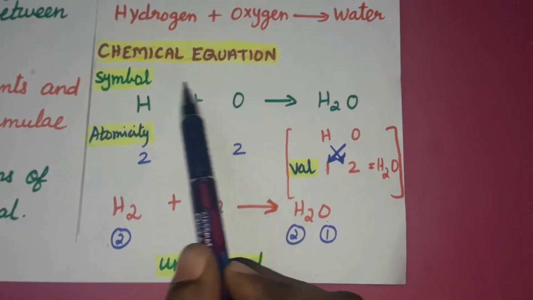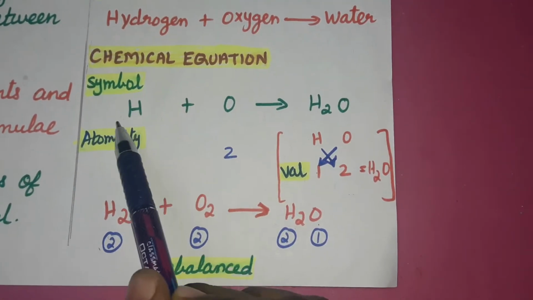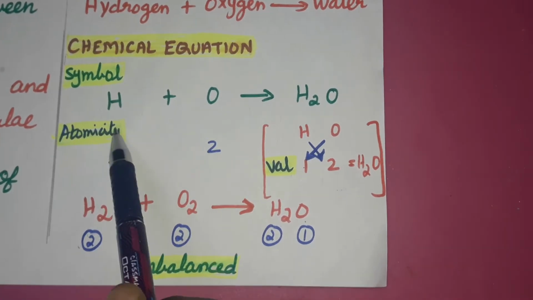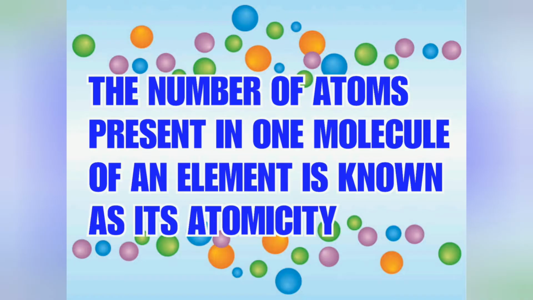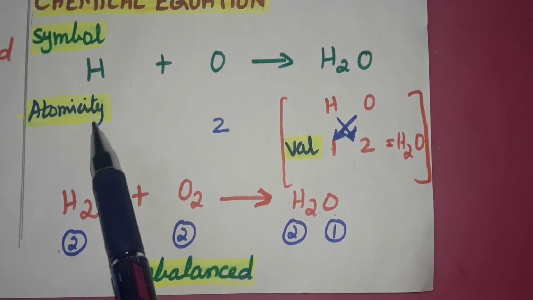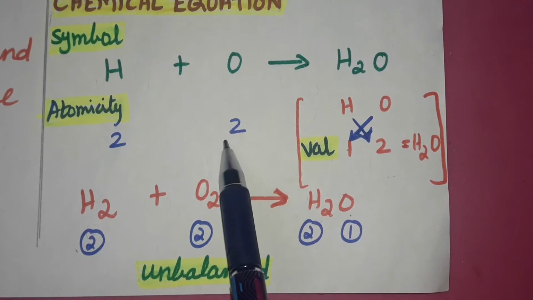Then let us see the left hand side. We have written the symbols of the reactants. Then we have to write the atomicity of the elements. We know that atomicity is the number of atoms present in one molecule of an element. So the atomicity of hydrogen is 2 and that of oxygen is 2.